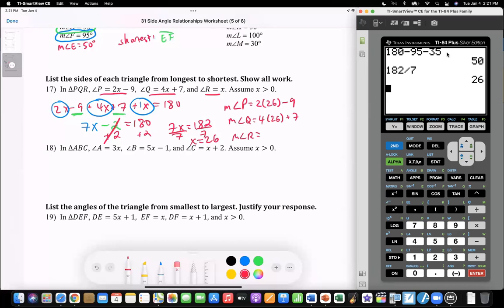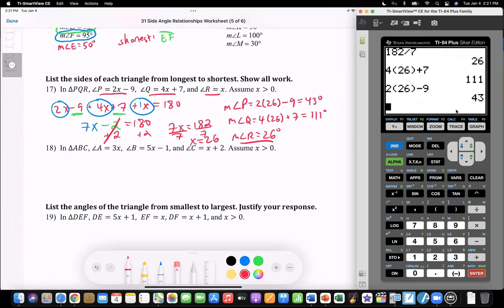So R is just the 26 degrees. Okay, so we know R now. I'm going to need the calculator for the other one. So 4 times 26, add on 7 is going to give me 111. So I think I know which side is the longest, or the biggest there. And then finally 2 times 26. It's going to be 52, right? And then if I take away 9, it should be 43. Yep, 43 degrees.